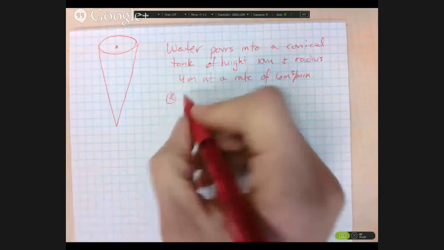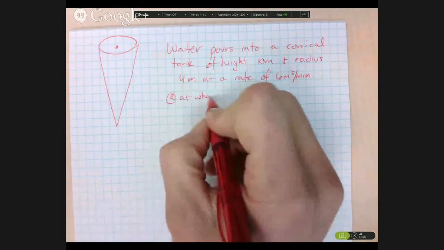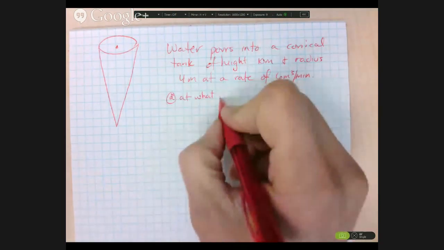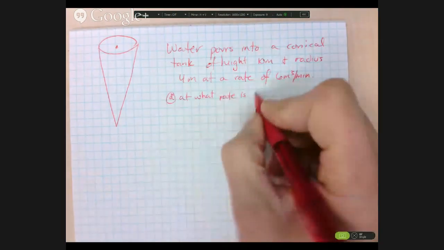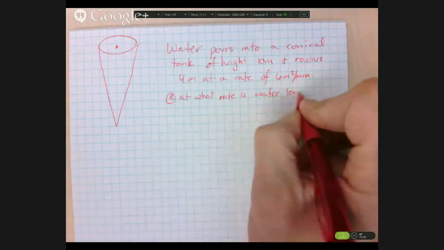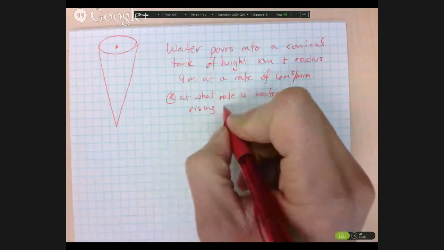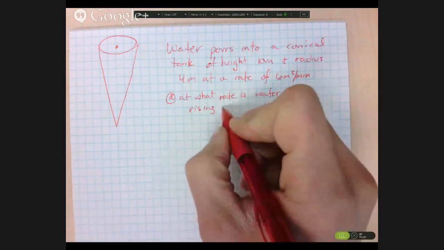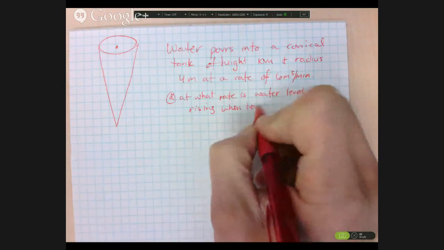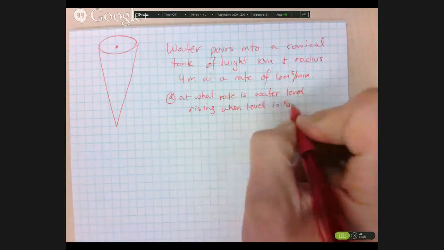It's going to be a two-parter. At what rate is the water level rising when the level is 5 meters?